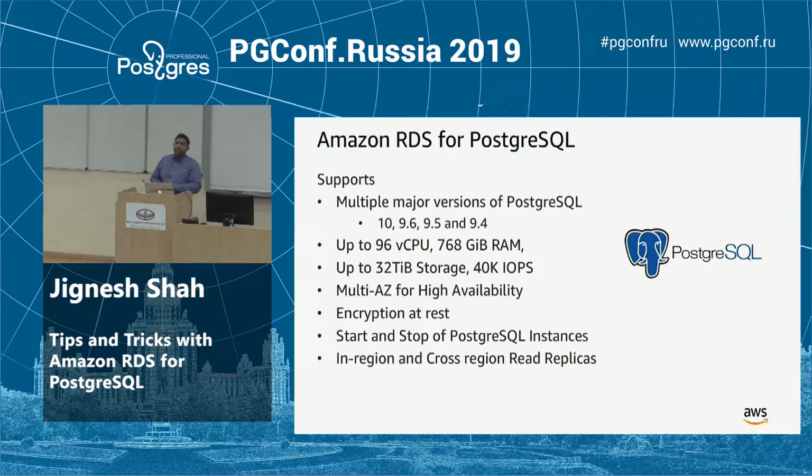Some of the other features that I've not talked about in my earlier presentation: one of the new features we do support is start and stop of instances. Now, if you think about it, most developers will come in the morning at 9 a.m., work till like 6 p.m., and then go home. You don't really need to be paying for the instance when you're going home. So we now actually support a stop call on your instance.